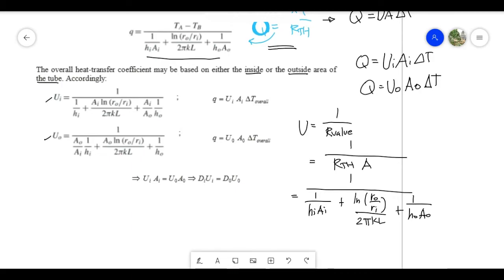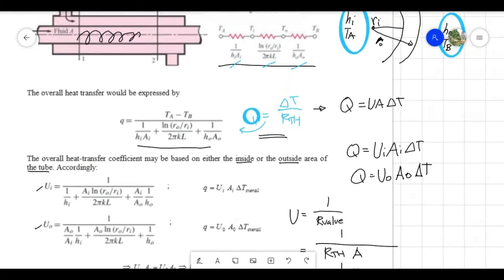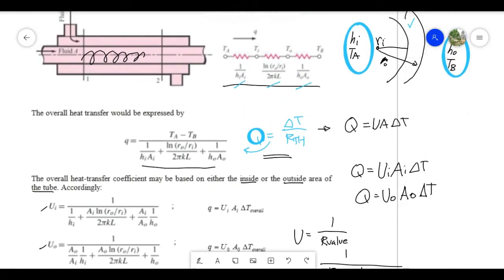Take note pala dito, alam naman na natin to pero review lang. HI of course kasi sa inside fluid, and then AI kasi ang gagamitin mong area dyan.